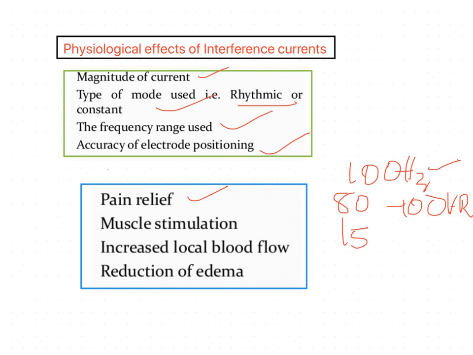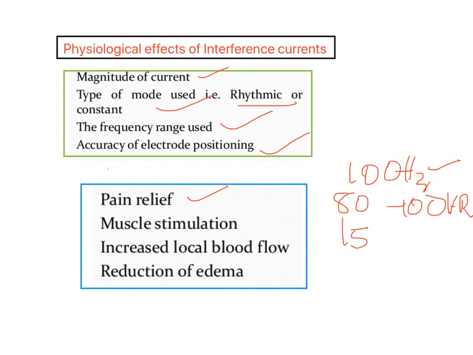From the cortex it is sent back through the descending suppression pathway, where the raphe nucleus and PAG, which are present in the midbrain, carry the impulses and synapse at the spinal cord level at the substantia gelatinosa, where it releases the enkephalins and beta endorphins, which block the substance P production.